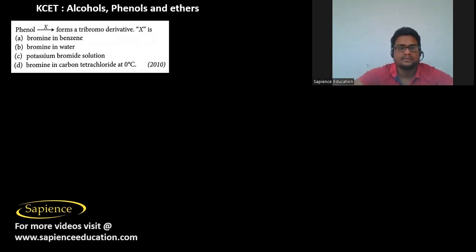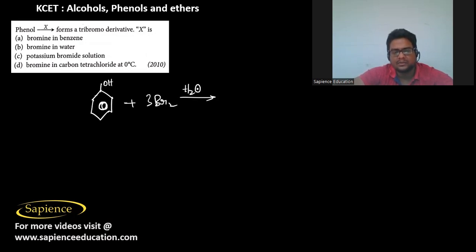Then here it is told that phenol, which is a benzene ring with the alcohol group, with X forms a tribromo derivative. So it will react with 3Br2 and H2O to form tribromophenol plus 3HBr.